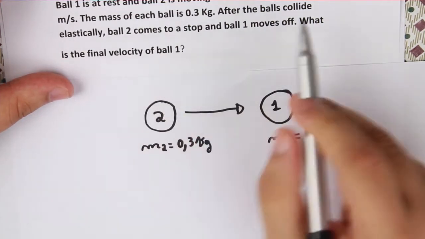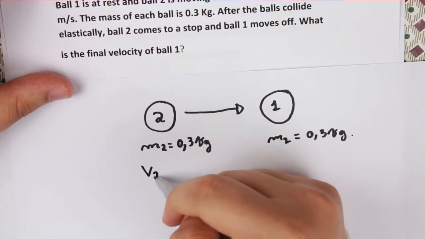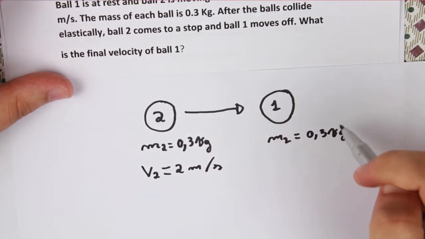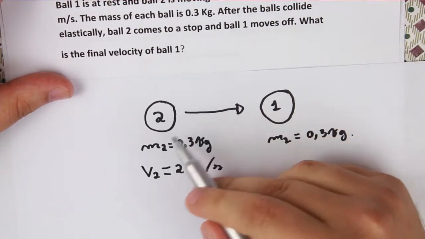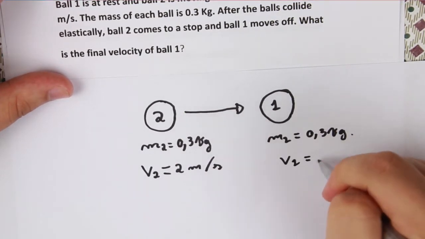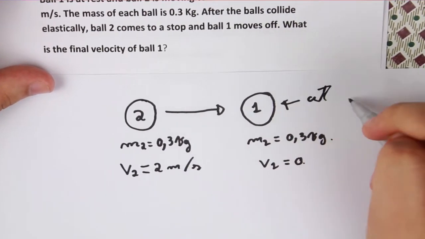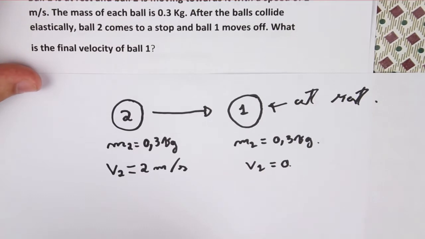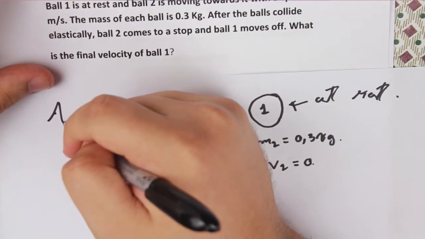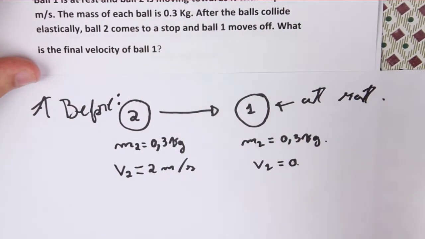The velocity of ball 2 is 2 meters per second. And the velocity of ball 1, before ball 2 hits it, is 0. It is at rest. Right. Let me write here: before the collision.